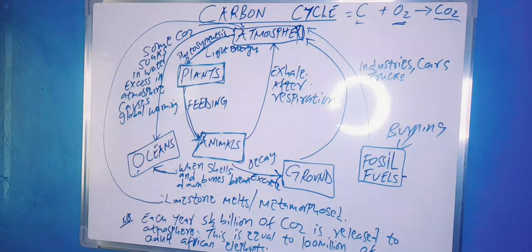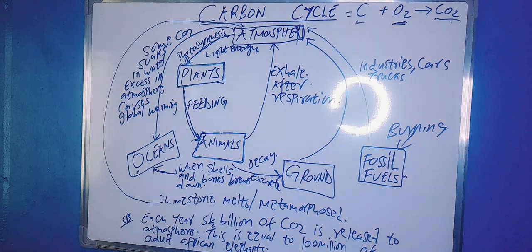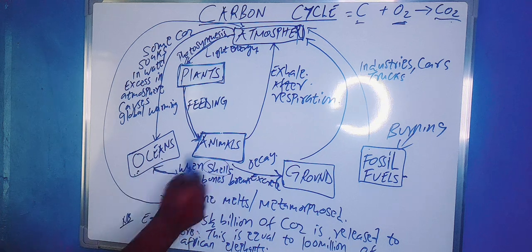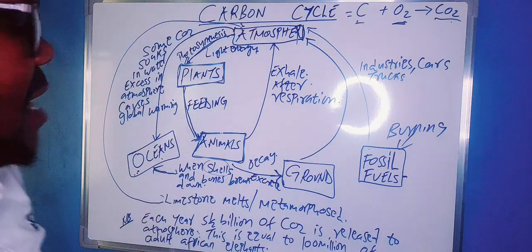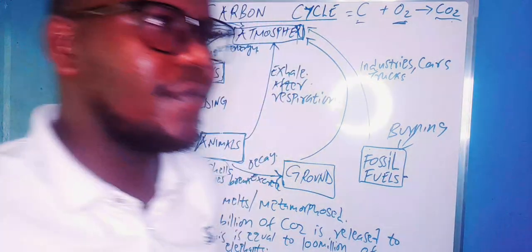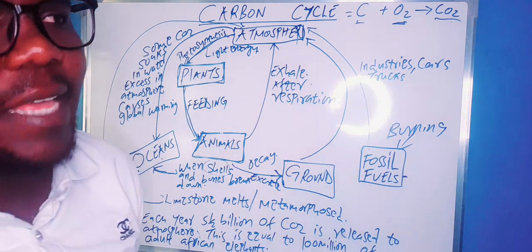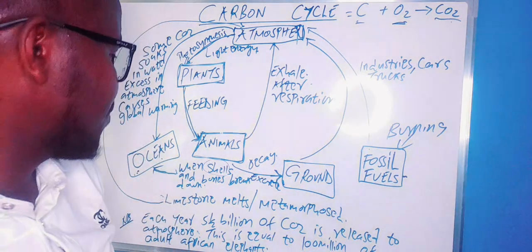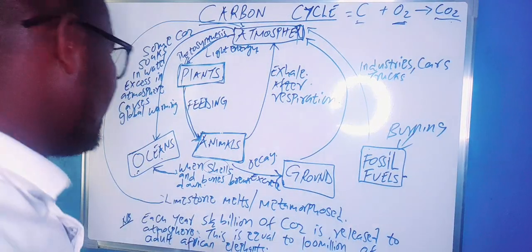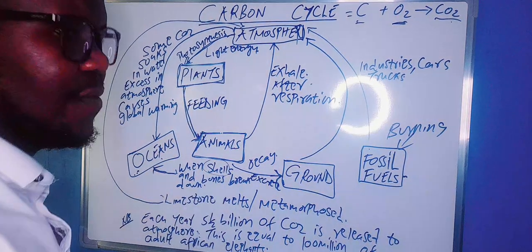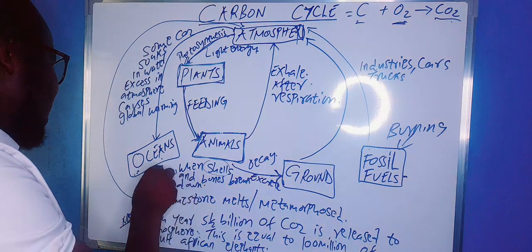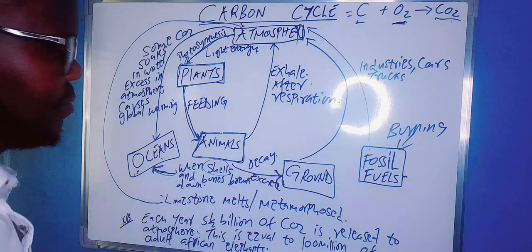And from that point, in the oceans, we have those shelled organisms and even the bones of aquatic organisms, like fish. When they die inside the water, their bones, when they are being broken down, and even the shells of those organisms, will release the carbon to the ocean.